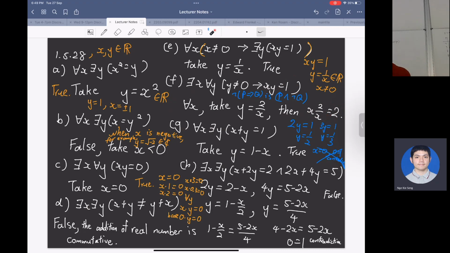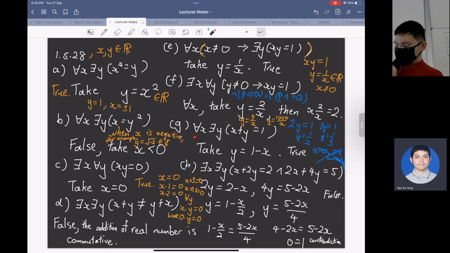There's some room here. I also can take y equals 3 over x, or I can take y equals 1000 over x. When you do this computation, it is not equal to 1. So there are a few ways to show it.